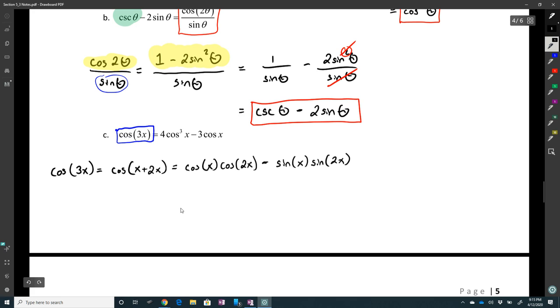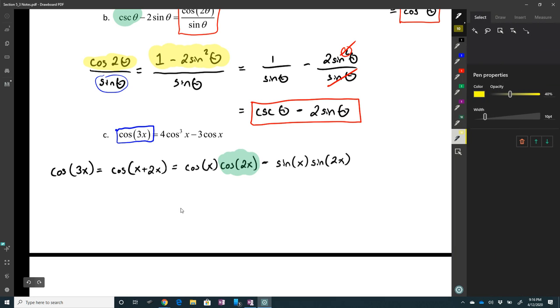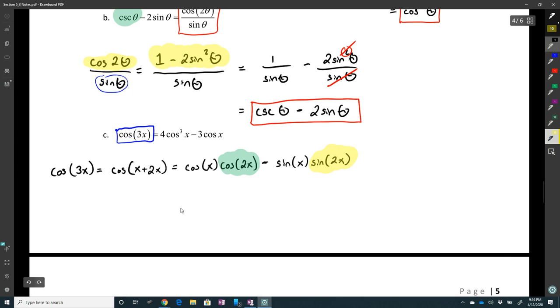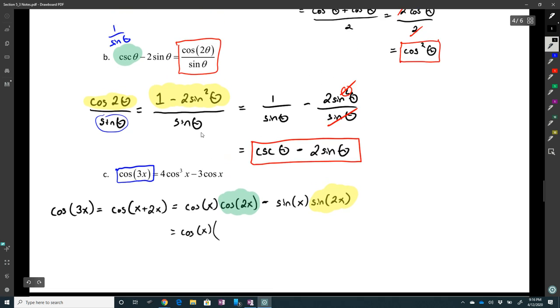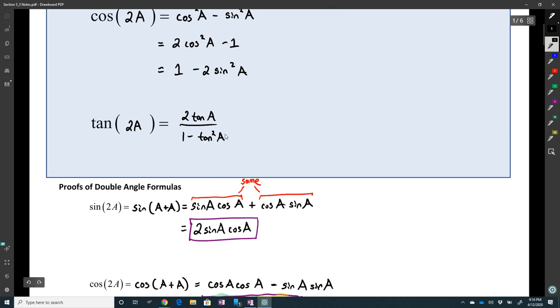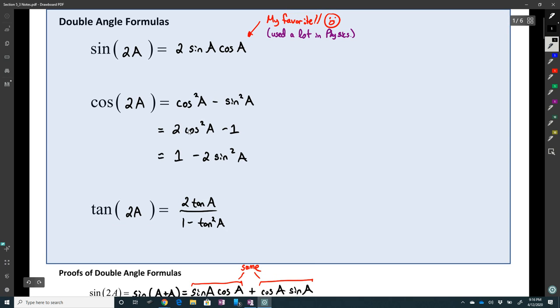And now I just use my formulas for cosine of 2x and the formula for the sine of 2x. So I have cosine of x, and this becomes 2 cosine squared x minus 1. I'm going to choose to use, notice my answer has all cosines in it. So when I'm choosing which formula to pick, I'm probably going to pick the one with just cosine in it.